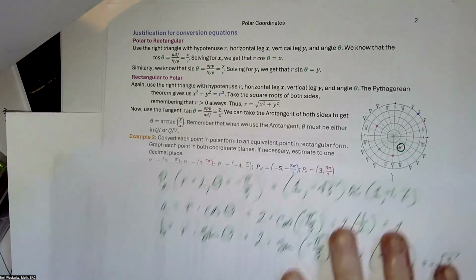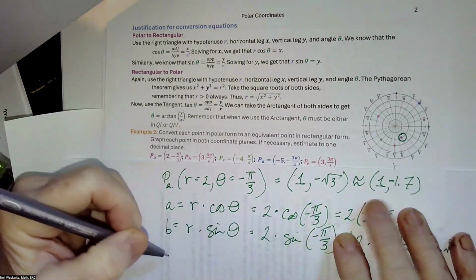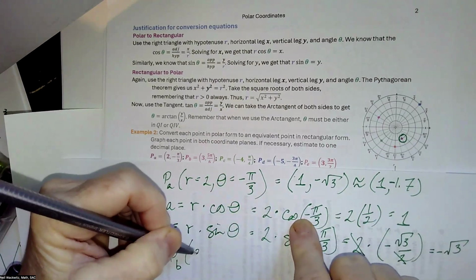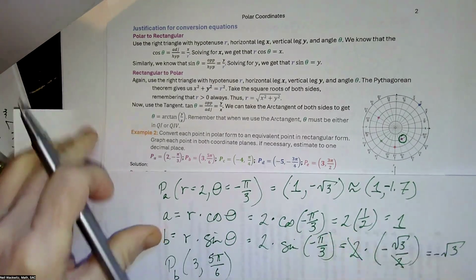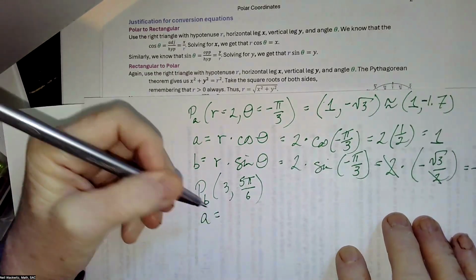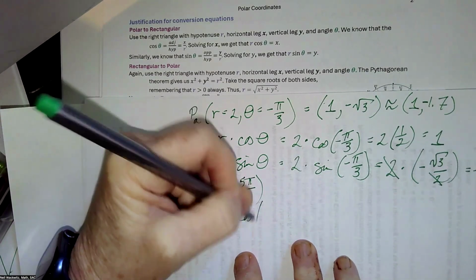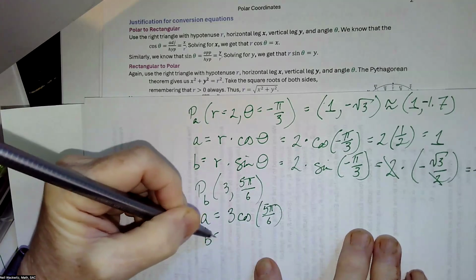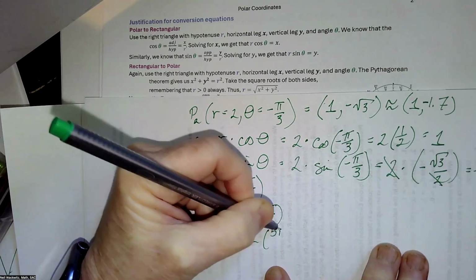For point B, you can see that point B is 3, 5 pi over 6. So that means that a is going to be 3 times the cosine of 5 pi over 6, and b will be 3 times the sine of 5 pi over 6.